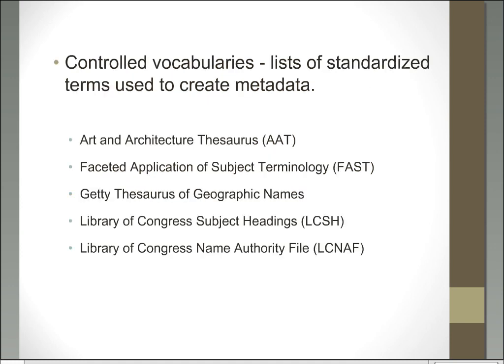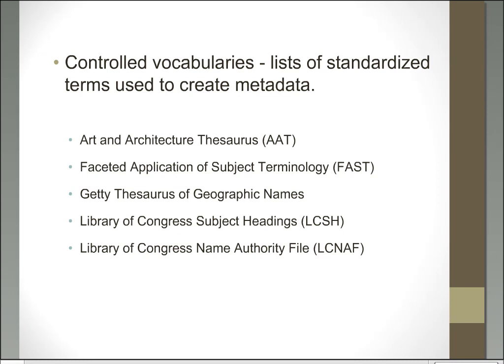Then controlled vocabularies. So this is one of the most important parts, I think. It's also called, as I said, data value standards. It's a list of standardized terms used to create metadata. We use them to identify the terms, names, values we use to populate the metadata element sets.